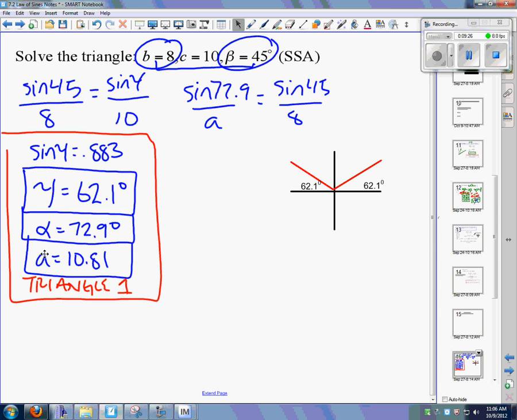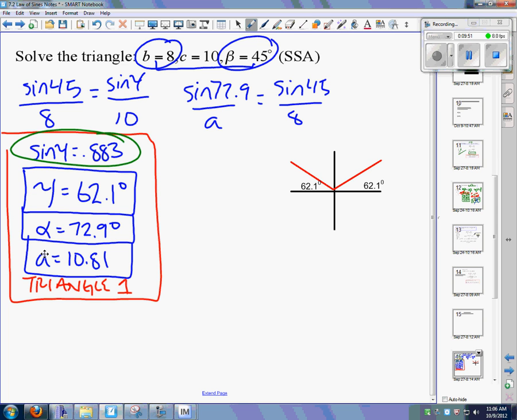Now we need to check if we can make a second triangle out of this. So can that side swing? Can that 10 swing through like we had in the book? So we go back to the first thing we found. We inverse 0.883, we found it was 62.1 degrees.